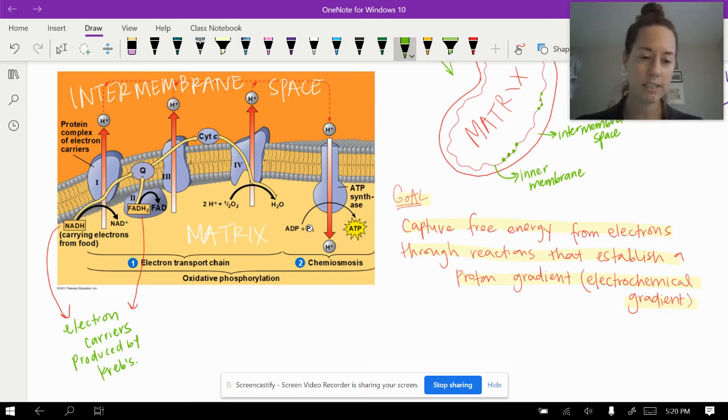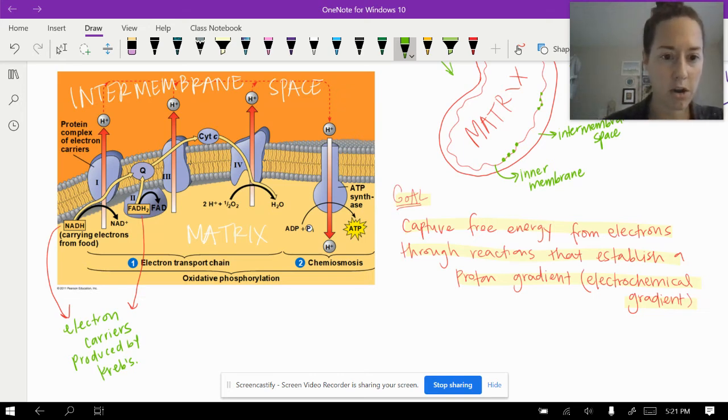Now, what happens is that each of these proteins has increasing electronegativity. So they're more and more attractive to electrons. And that's how the electrons are pulled down the chain to eventually the end of the chain, which is the fourth protein subunit, where they're finally accepted by oxygen.